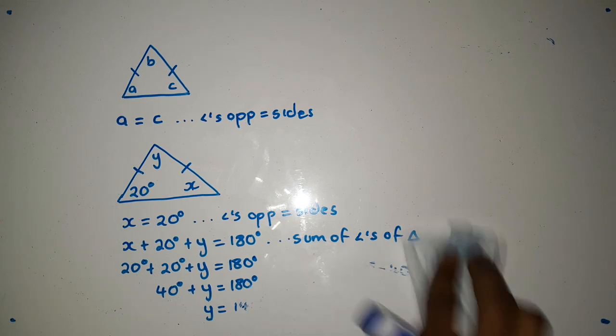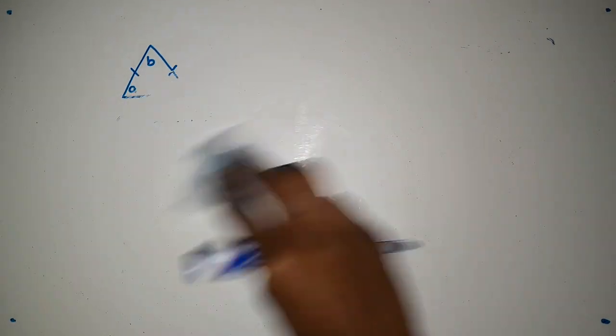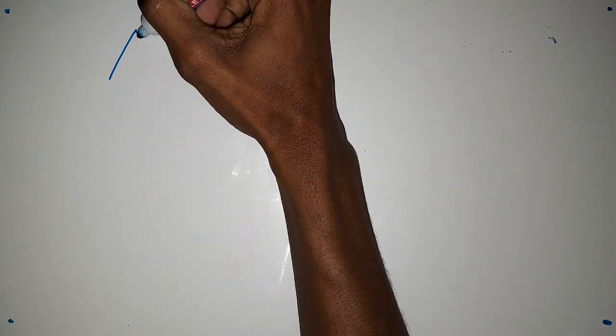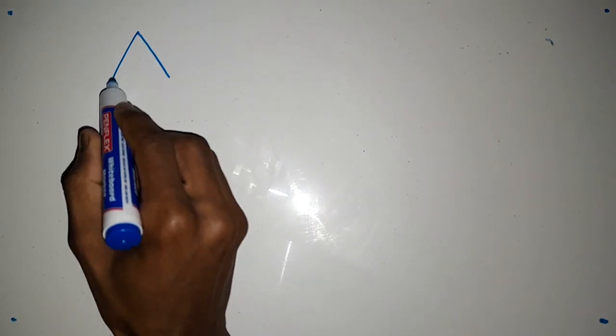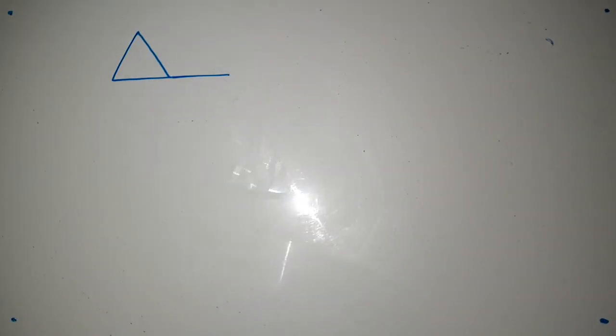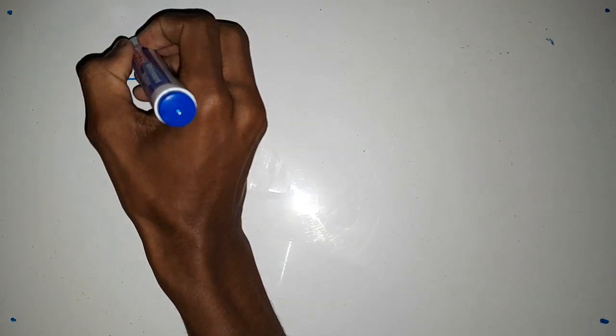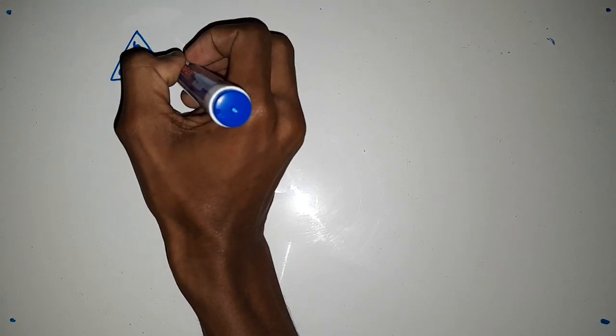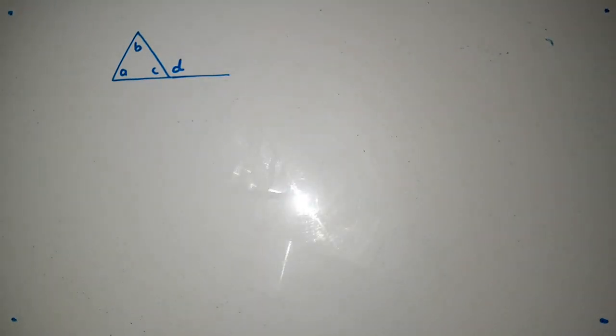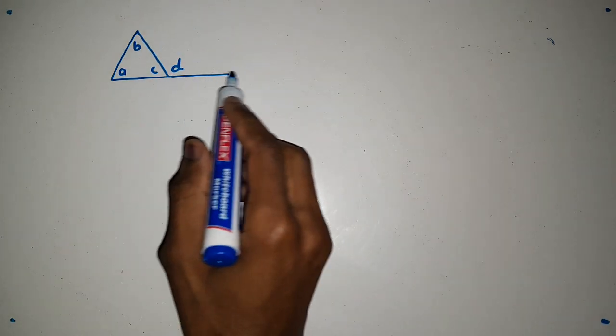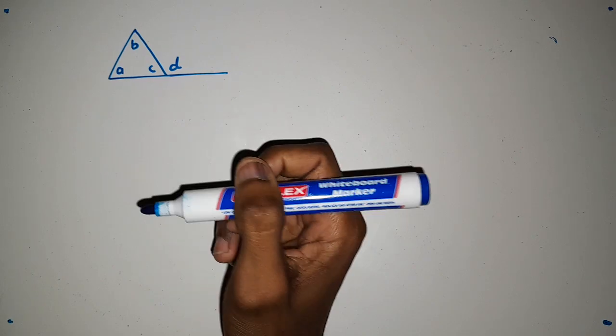Now let me add something on this triangle. We already know about this triangle, but now let me add an extension like this. Write A, B, C, D, like this. Now we have a situation, an extension over there. You see?